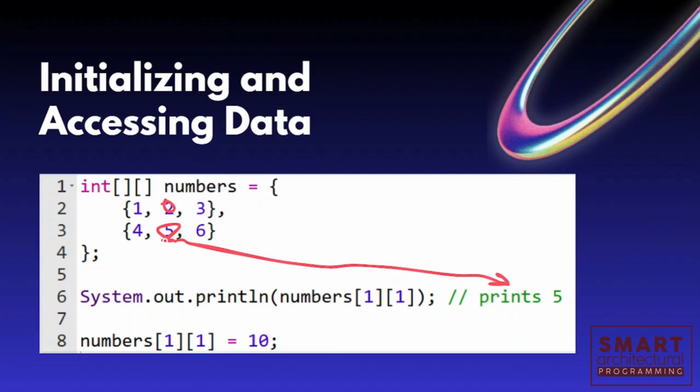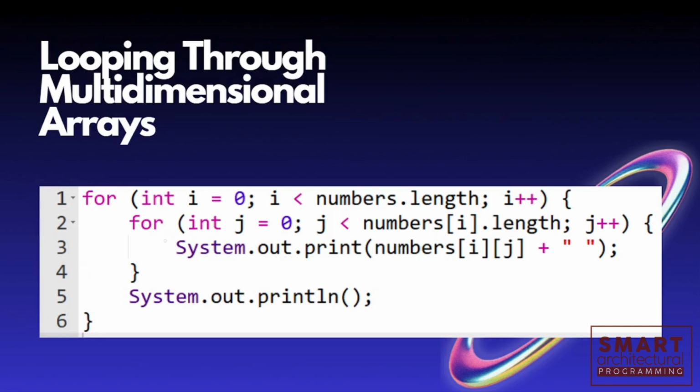With that, let's move on to the next thing, which is looping through multidimensional arrays. For looping, you might want to use nested loops. Simply create 2 nested for loops. One goes over the rows, one goes over the columns, and that's how you do the looping mechanism in multidimensional arrays. As you can see in the code here, this prints the array row by row.